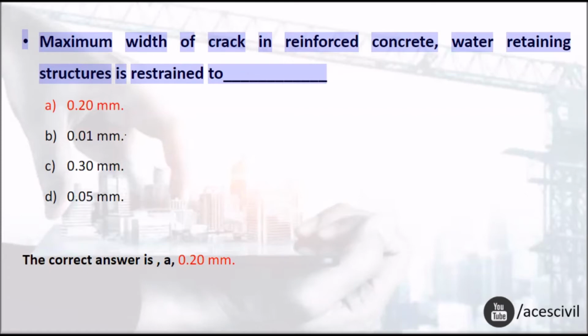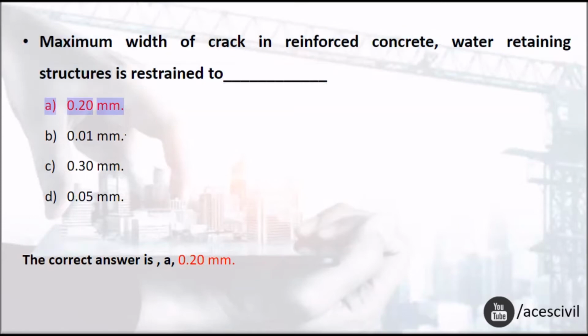Maximum width of crack in reinforced concrete water-retaining structures is restrained to A. 0.20 mm. B. 0.01 mm.